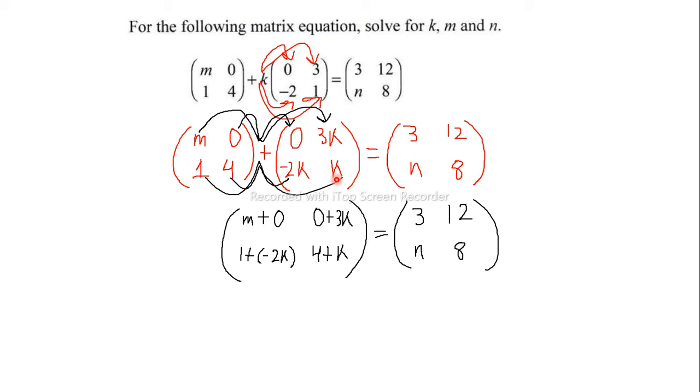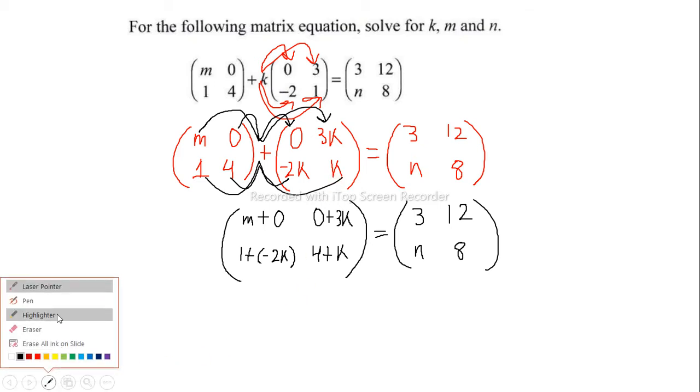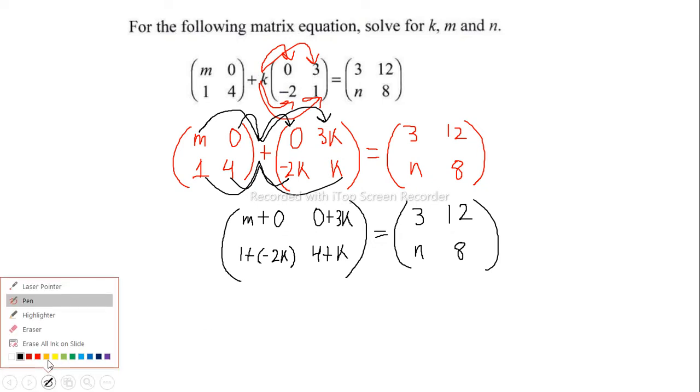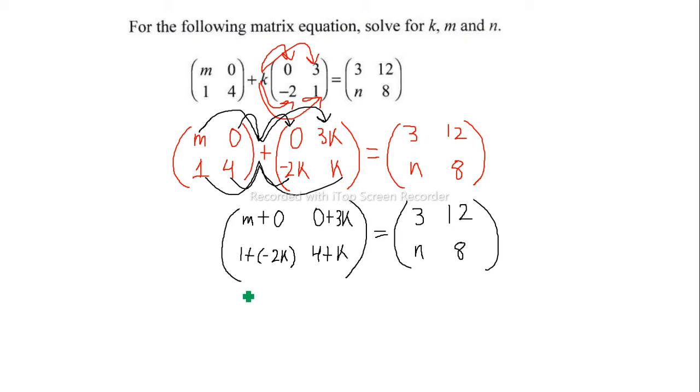All right, so that's very important. So let's simplify further because we can. We have to put the -2 in brackets, for now. So now what is m plus 0? Okay, what is 5 plus 0? 5. What is 6 plus 0? 6. Good. 7 plus 0? 7. So m plus 0 is m. Good.